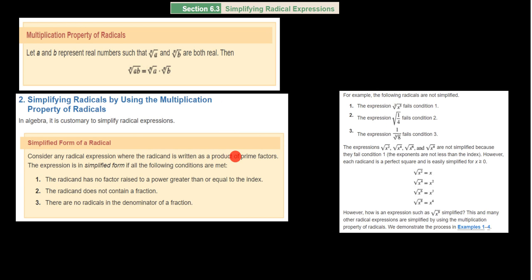It fails condition 1 because the inside, the x to the fifth, is greater than or equal to the index, which is 3. The radicand does not contain a fraction. We see that we have a fraction, and there are no radicals in the denominator of a fraction. And of course, you did this in high school, where you rationalized the denominator. Okay, and of course, this fails that condition as well.